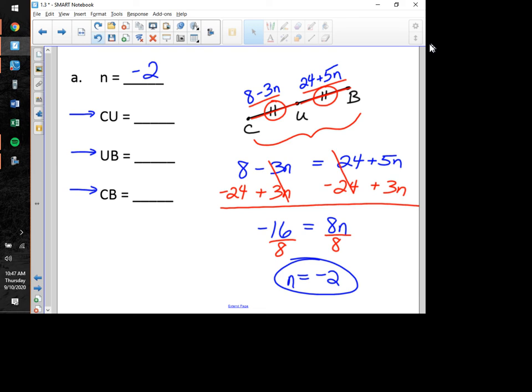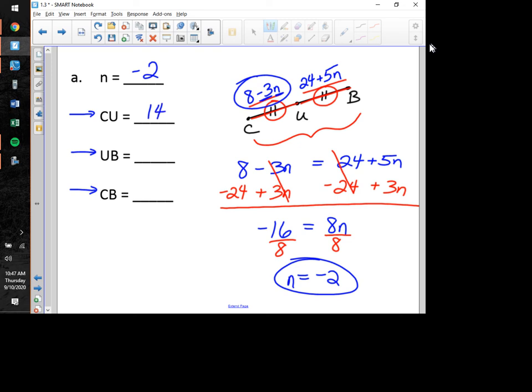So we need to make sure now that when we use this value of negative 2, it's going to give us positive results for the 3 segment lengths. So let's try that real quick and make sure it works out. CU, everybody, is 8 minus 3n. So that's negative 3 times negative 2, which is positive 6. 8 plus 6 is 14.